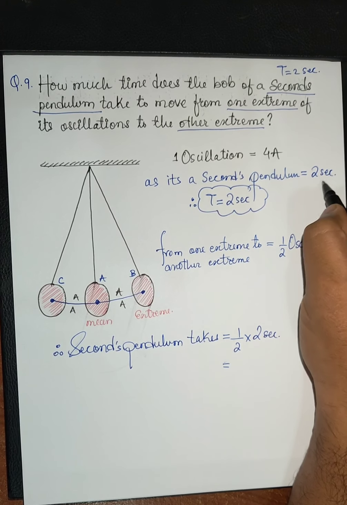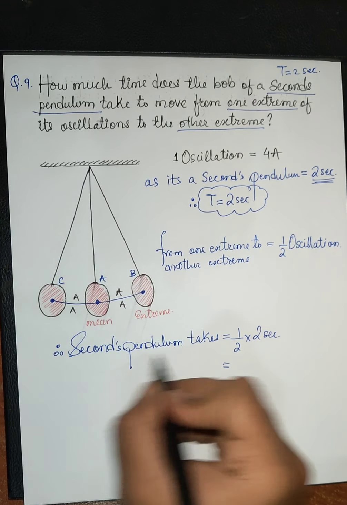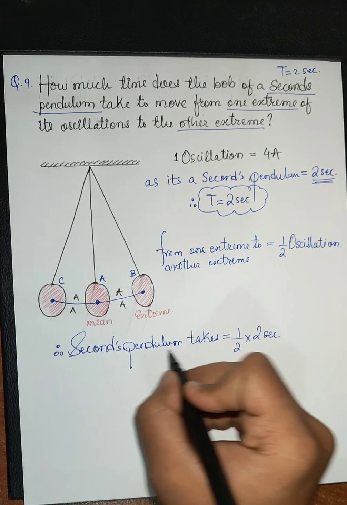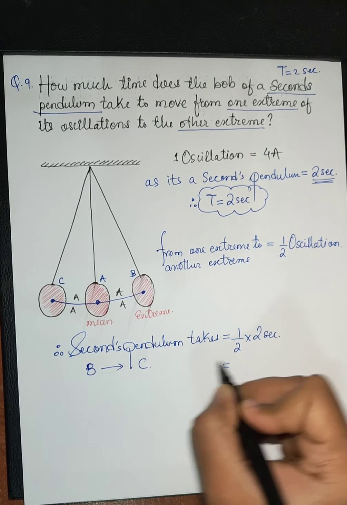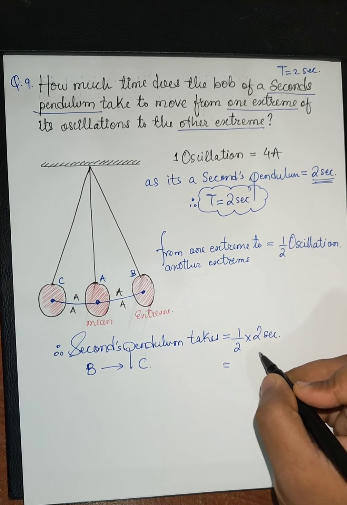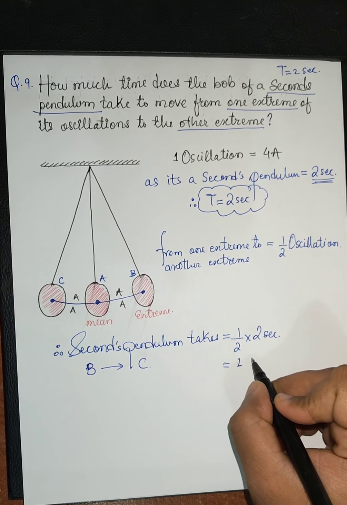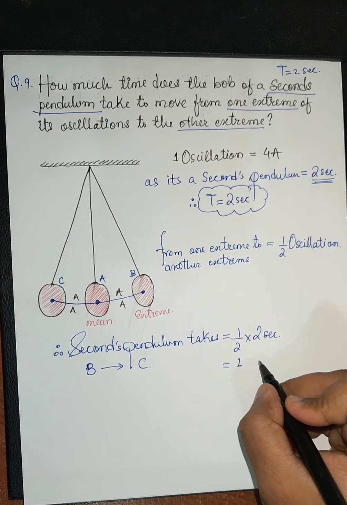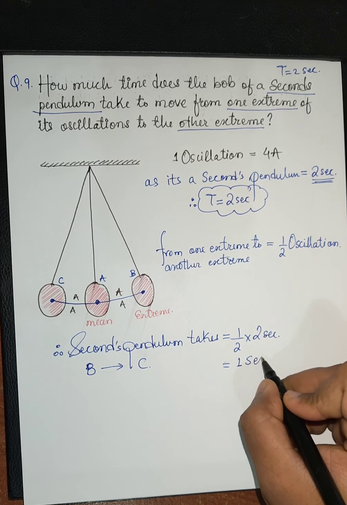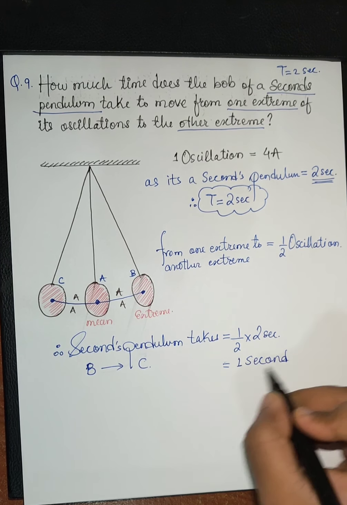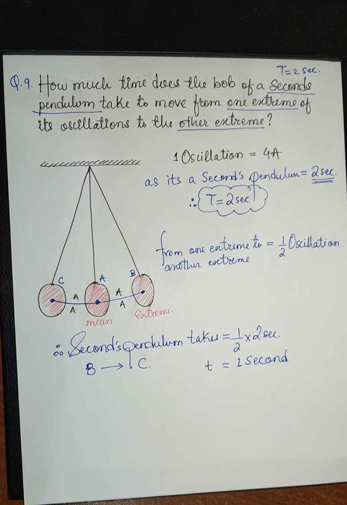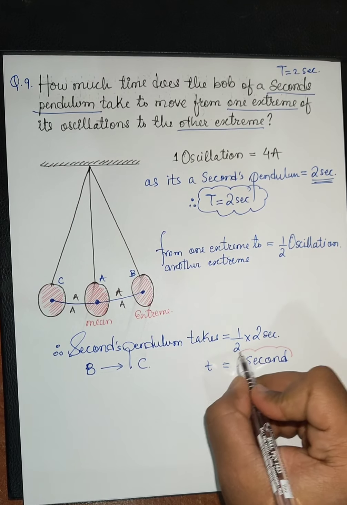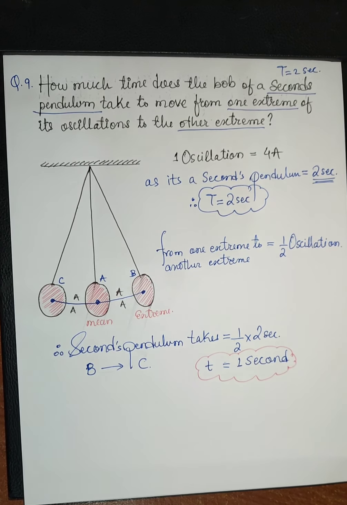Because a full oscillation is 2 seconds, going from B to C will take only half the total time period, which is 1 second. We will denote it by small t because we use capital T only for the time period. So small t will be 1 second.